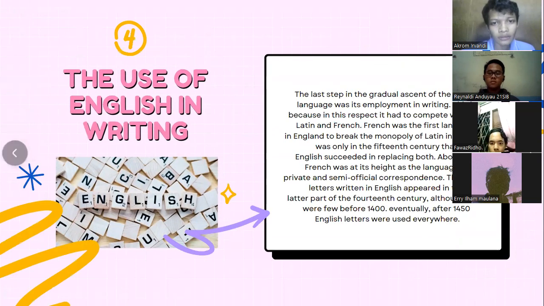In 1397, the Earl of Kent made his will in English, and in 1438, the Countess of Stafford did likewise.